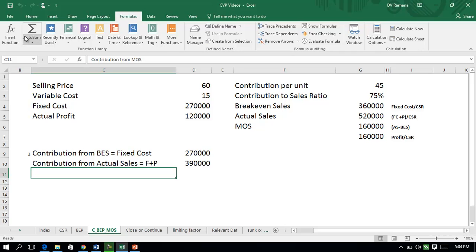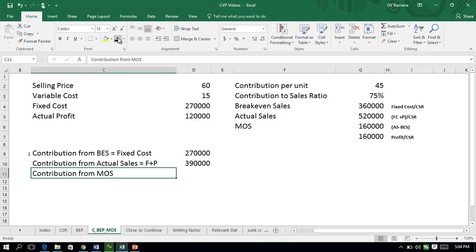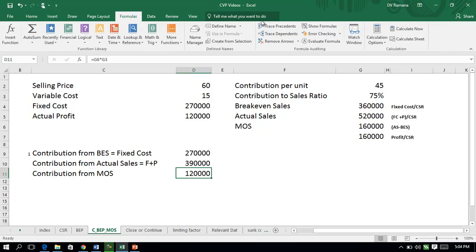The contribution from the margin of safety is equal to 120,000. So contribution from the margin of safety is 75% of the margin of safety, which is 160,000.